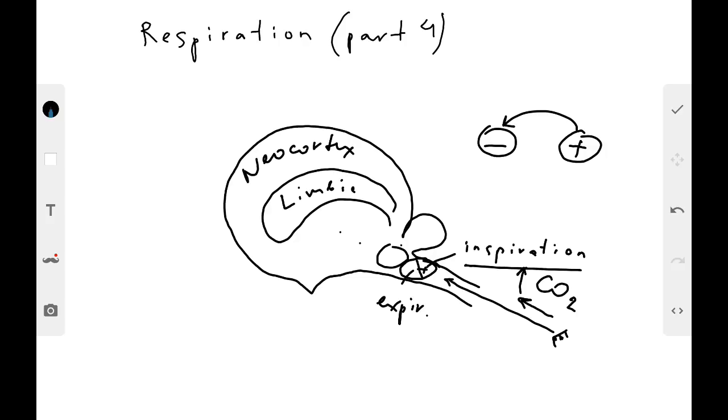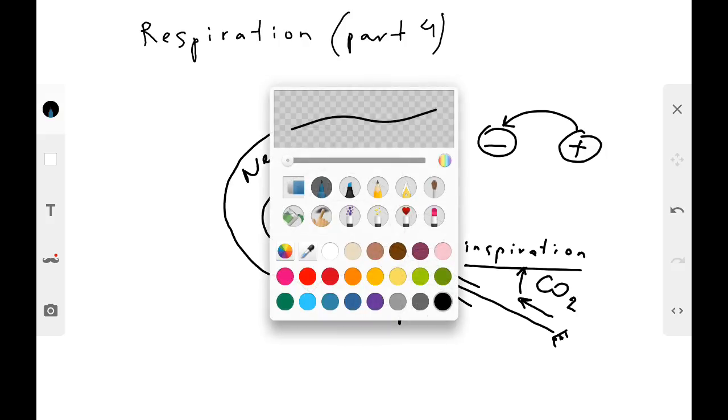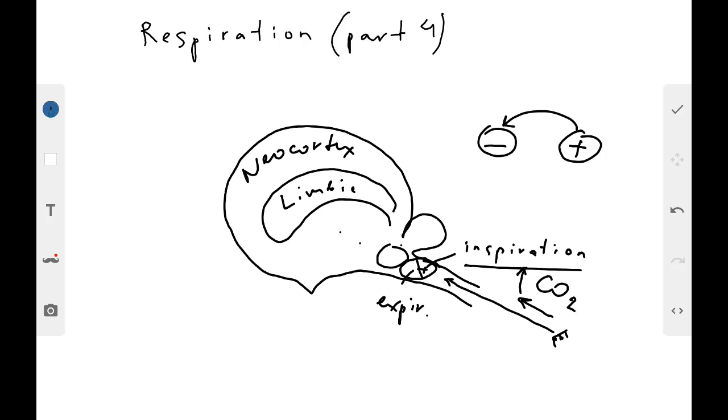So we discussed humoral control of respiration. What about the nervous control of respiration? Nervous control of respiration is produced by the vagus nerve, and the vagus nerve gets excitation from special stretch receptors which are located in alveoli, in lungs.